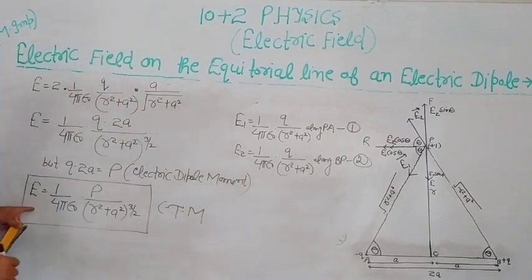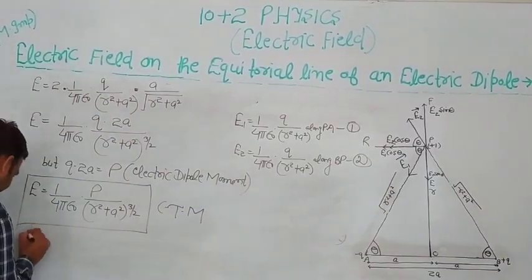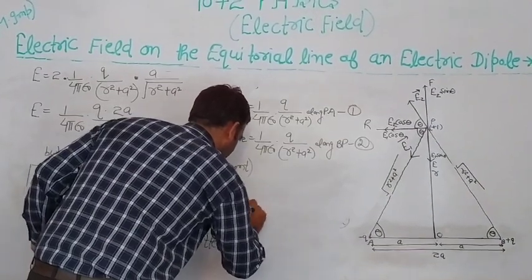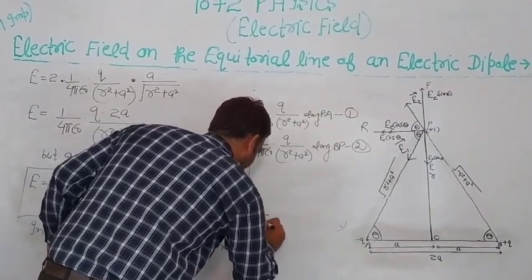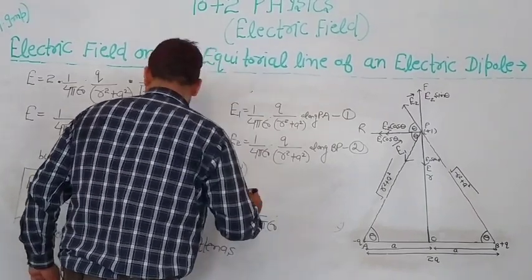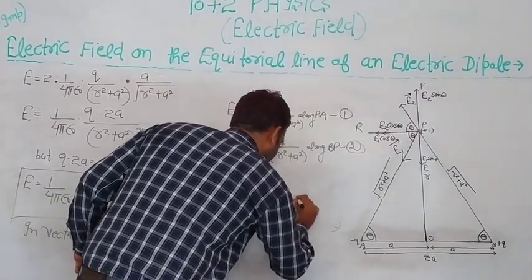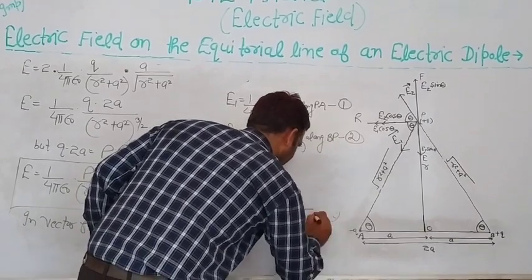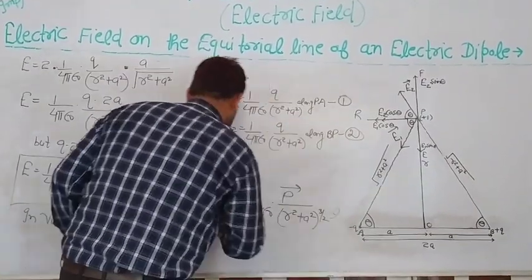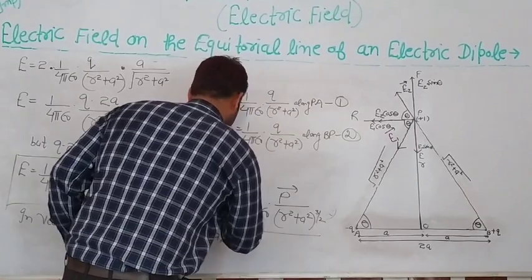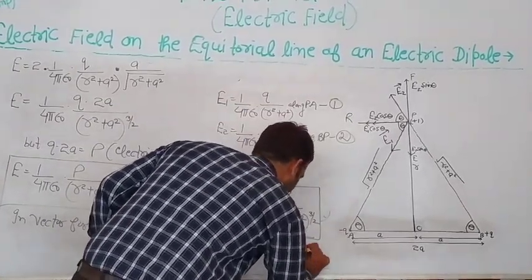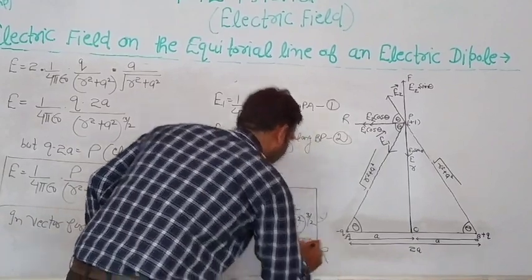In vector format it can be written as E is equal to minus 1 upon 4 pi epsilon naught vector p upon r square plus a square raised to power 3 by 2, and the direction is along PR.